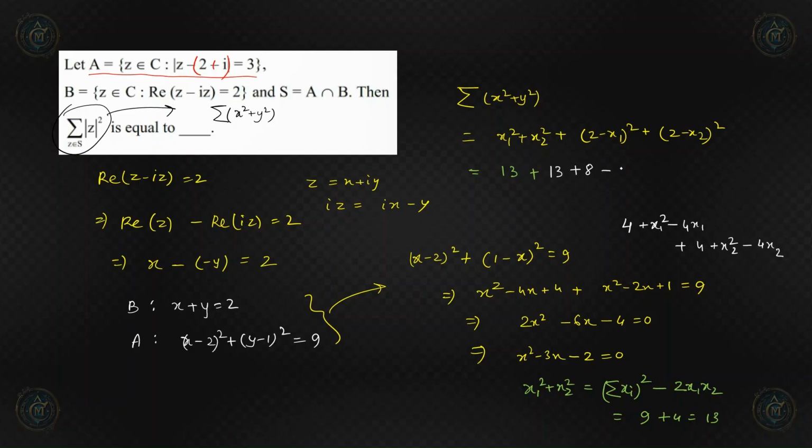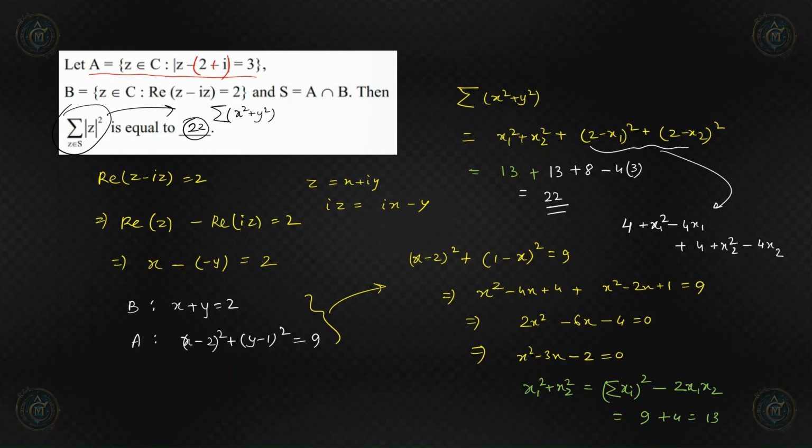Then minus 4 times x1 plus x2. So that means 4 times x1 plus x2 we can write as 4 times 3. That means this becomes 1 plus 8, that is 9, plus 13, that is 22. Okay, so this is how we can easily calculate the required expression value without finding the actual values of x and y. Okay, so the correct answer for this problem will be 22.